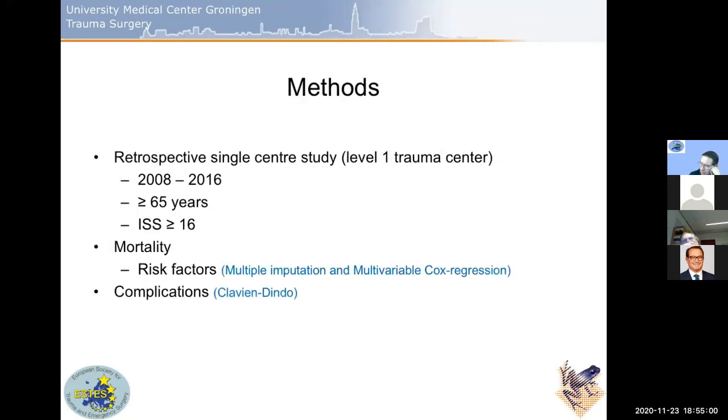It was a retrospective single-center study, 2008 to 2016, older than 65 years, and ISS, of course, 16 or higher. We are looking at the risk factors and the complications of the Clavien-Dindo classification.